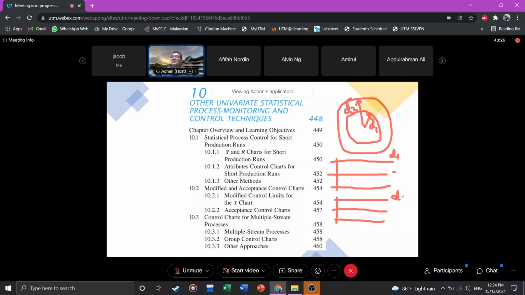So this can be misleading. We need another chart special for bivariate, where on only one chart we concurrently monitor both D1 and D2. We call this bivariate control charts.